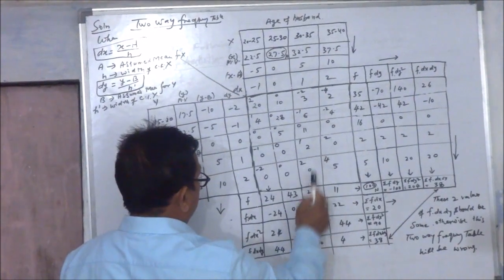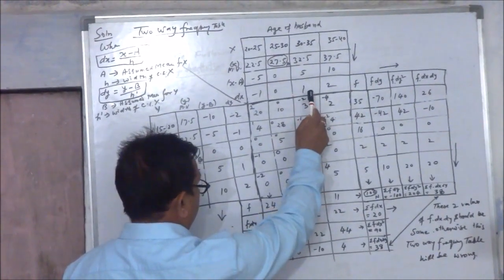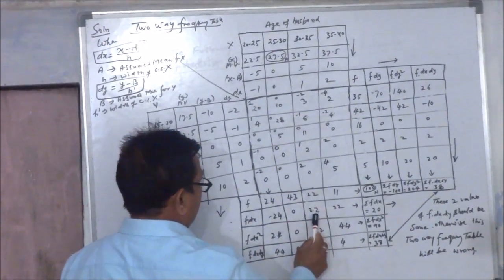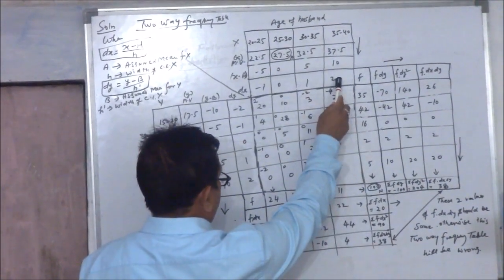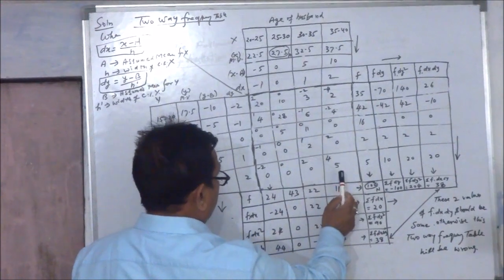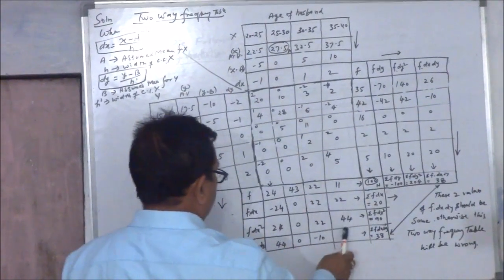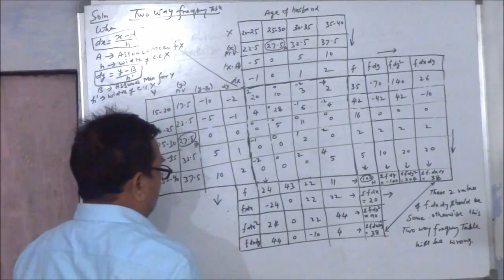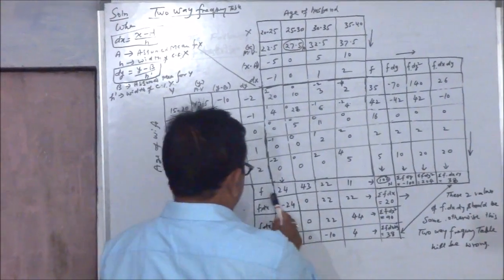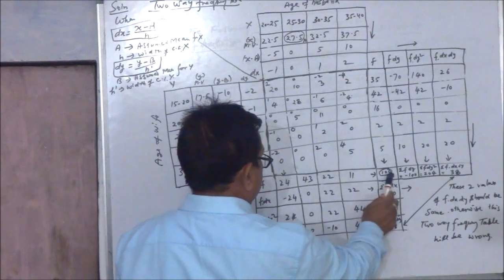And 22 into 1 square means 1, 22 into 1, this is 22. Again, this is 11, dx square means 4, 11 into 4 equals 44. Now we add all these frequencies, this is n.